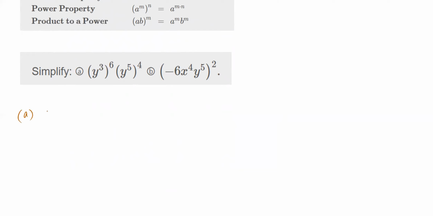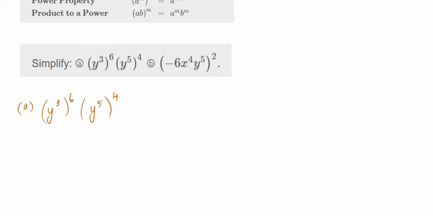So let's take A, y power 3 power 6 times y power 5 power 4. Well, let's try to understand what this problem is giving us. It's giving us 2 things that are being multiplied, right? They are grouped differently.